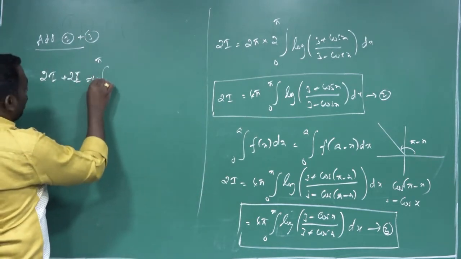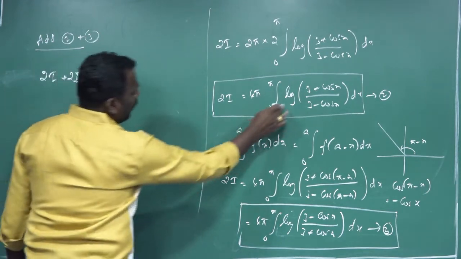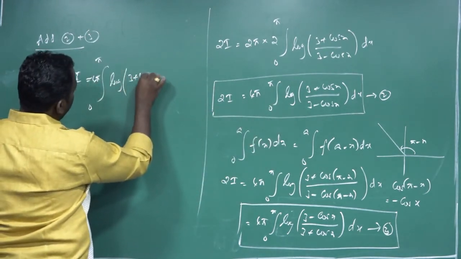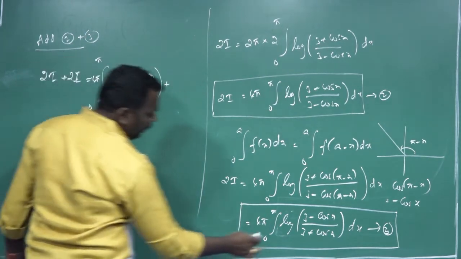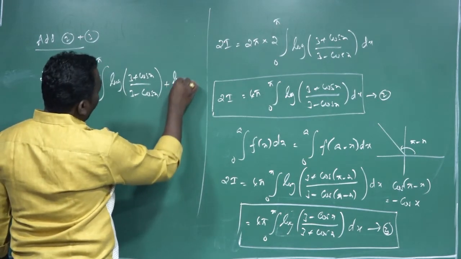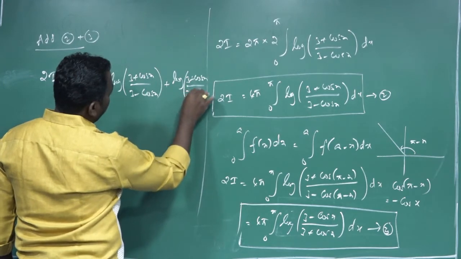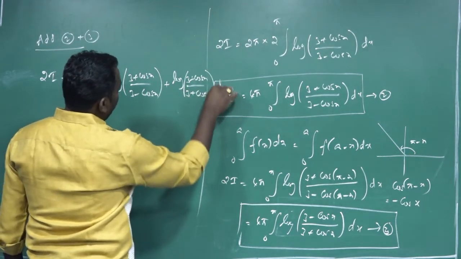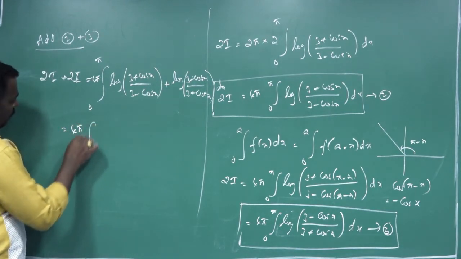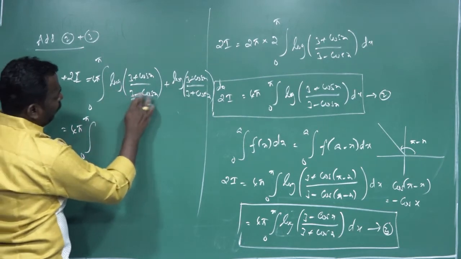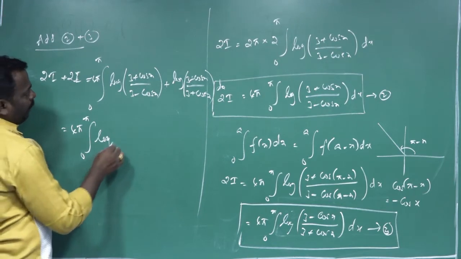Then log of the first one, (3 plus cos x) by (3 minus cos x), plus the second term, log of (3 minus cos x) by (3 plus cos x), into dx. Now that is equal to 4 pi integral 0 to pi. Now using the log m plus log n formula, we combine the values as log of the product m into n.